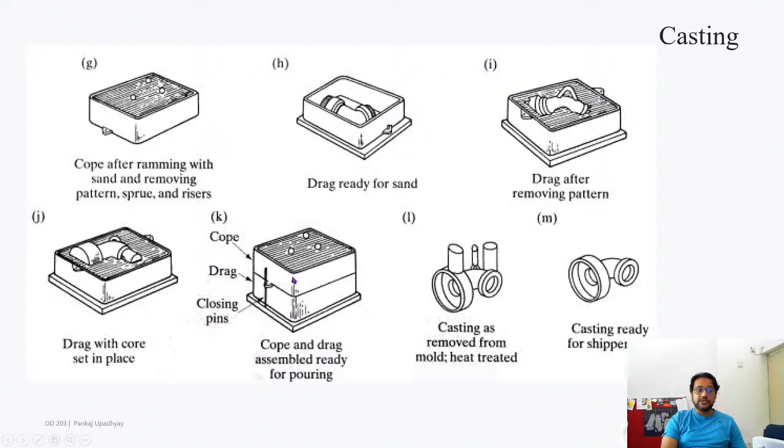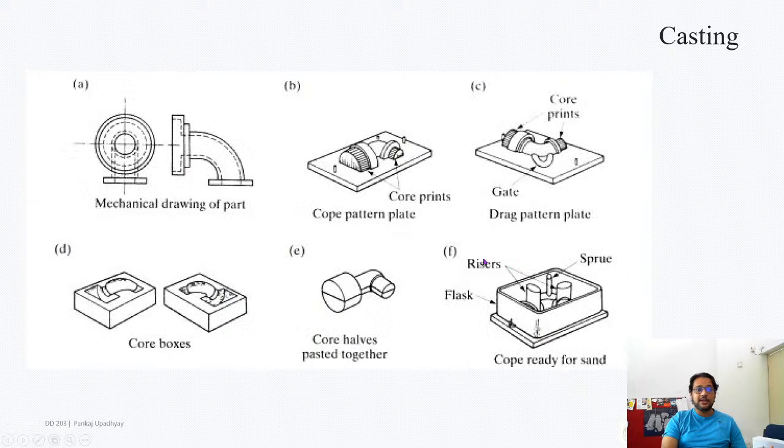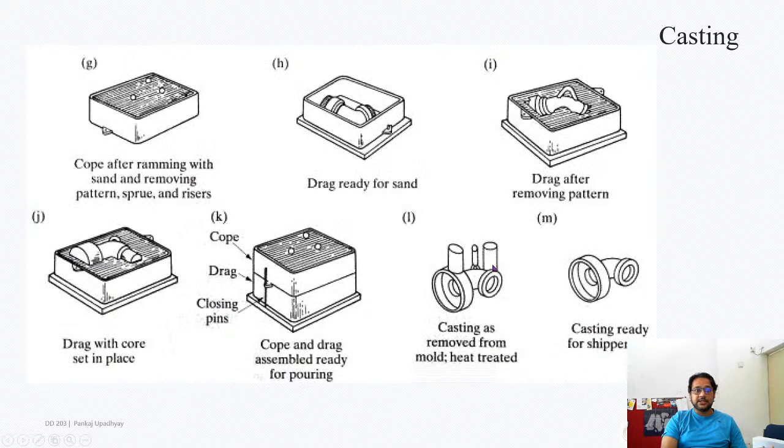And now when I close it and I tighten it and I fill it, all these places where there were these sprues and risers and all that, I'll get the molten material, but internally, because of the core, the material did not fill in.